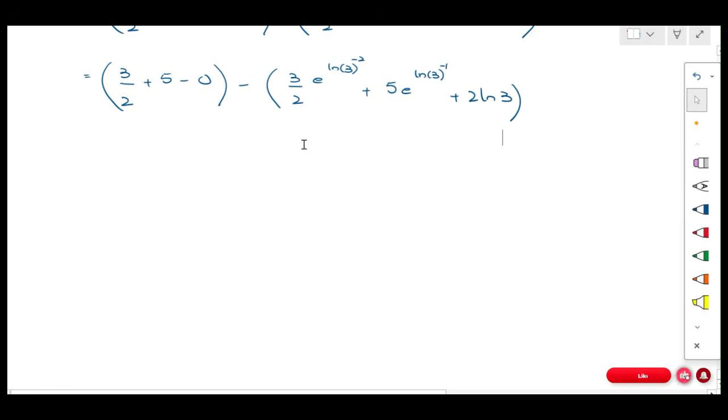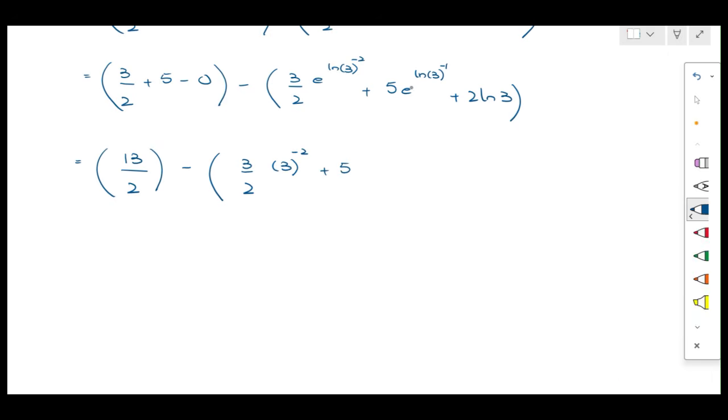Now simplify this. 2 times 5 is 10. In 10 you add 3 is 13. 13 divided by 2, and minus we have 3 over 2. e and natural log cancel, so we have 3 to the power minus 2. We have 5, e and natural log cancel, 3 to the power negative 1, plus 2 natural log of 3.